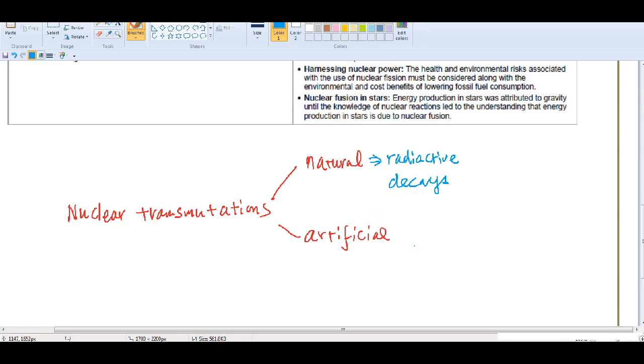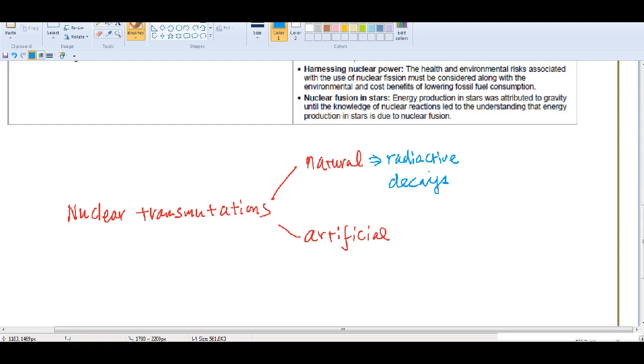So you might have different types of radioactive decays, but normally all these decays release energy, but not too much energy.